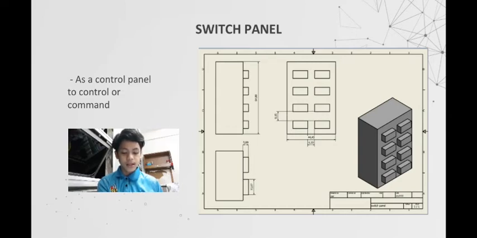For the size of the button, the height is 5 mm and the length is 13.67 mm. The distance between one button and another is 8.15 for vertical and 6.33 for horizontal.